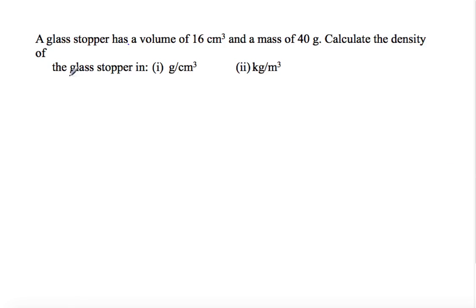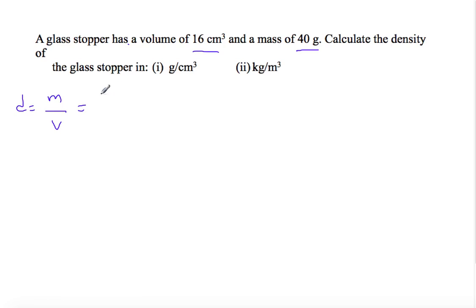Yes, we can solve some questions about density. Let's say we have a glass stopper, and the volume and mass are given in gram and centimeter cubed. Calculate the density in gram per centimeter cubed and kilogram per meter cubed. Density equals mass over volume.